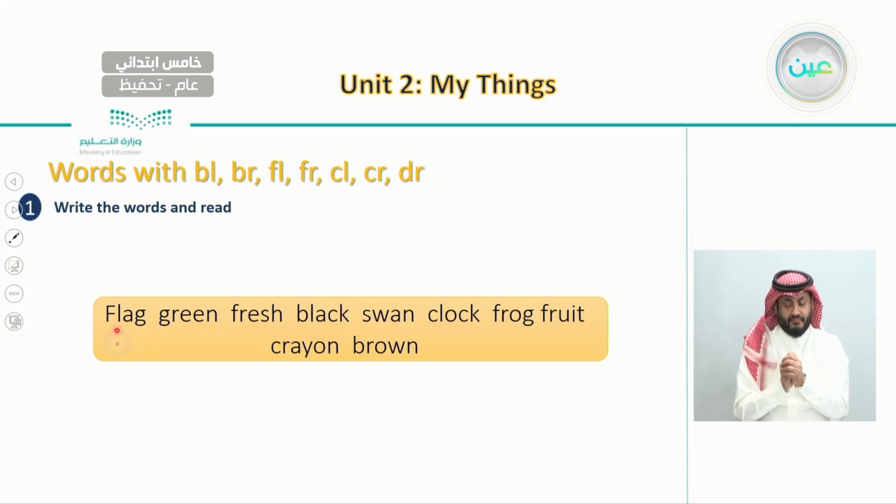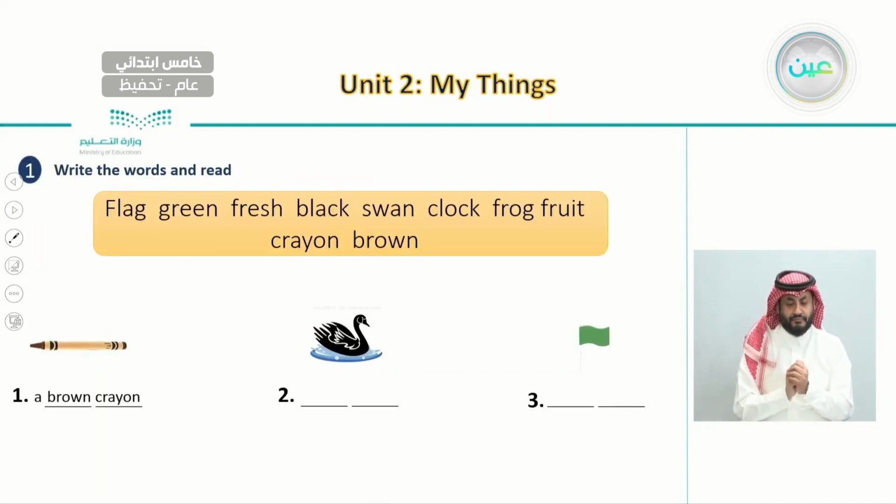So the first word we have here is flag, flag, green, green, fresh, fresh, black, black, swan, swan, clock, clock, frog, frog, fruit, fruit, crying, crying, brown, brown. Very good.